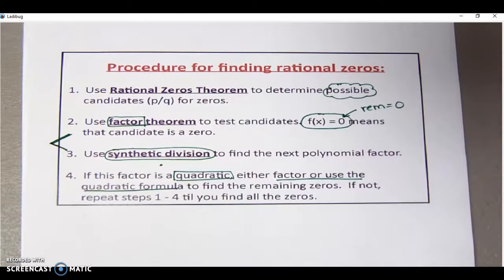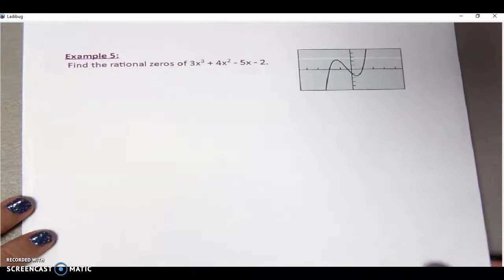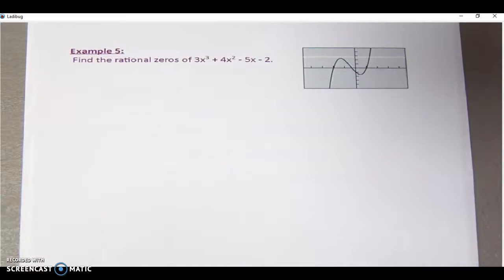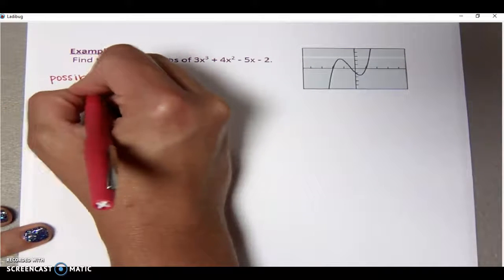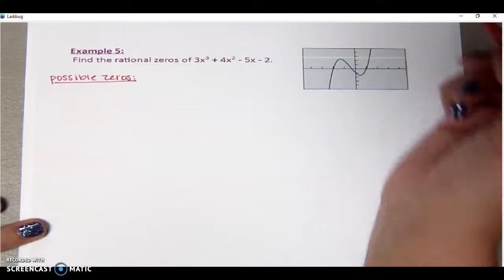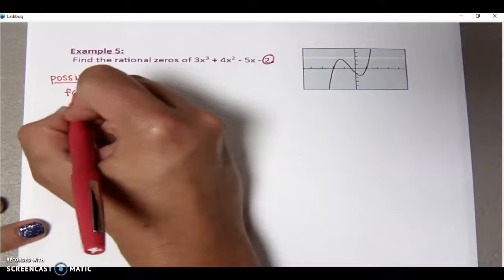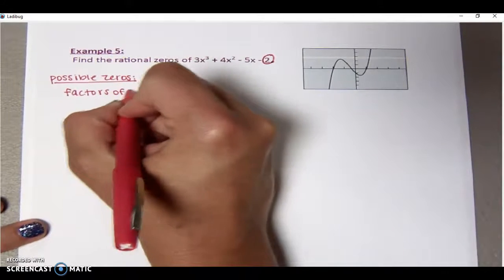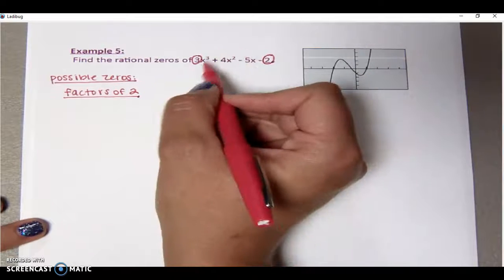Okay, so here's how this is going to work. For this one, I gave us a graph to go with. Sometimes you will not have a graph, but for this one we can reference a graph. The first step said we're going to find our possible candidates using that rational zeros theorem. So to find our possible zeros, it's going to be factors of the constant, so factors of 2 on top, over factors of the leading coefficient with the highest degree.